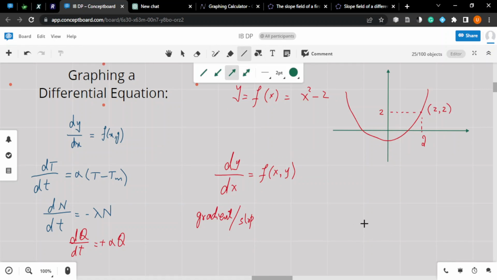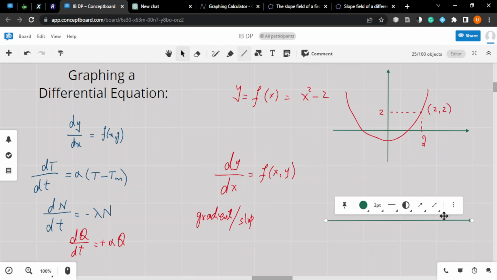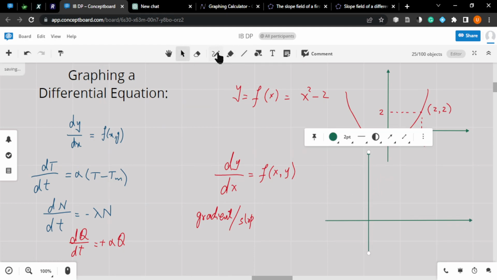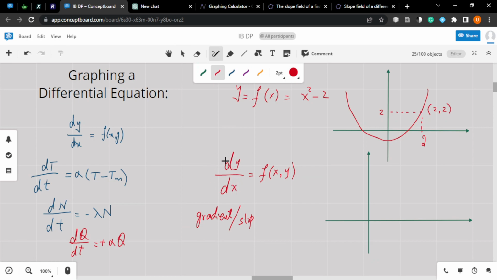So when we want to plot a differential equation on the x-axis and y-axis, this derivative, or gradient, or slope has a specific value at certain values of x and y. I'll show you some other example later on, but for the time being, let us say that we have this equation dy over dx is equal to x plus y.